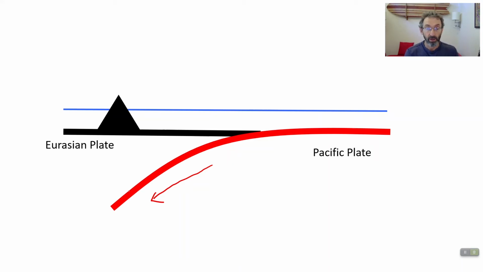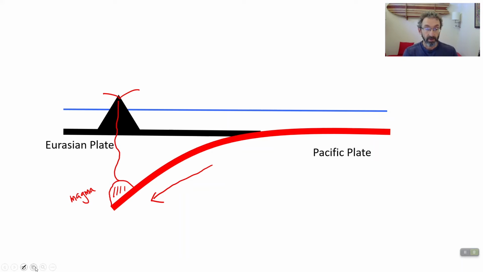And as we saw in an earlier video, in these types of subduction zones, the subducting plate begins to melt, forming magma. And then that magma works its way up to the surface to form volcanoes. And so this is how the Japanese islands are formed. The Japanese islands are a volcanic island arc.